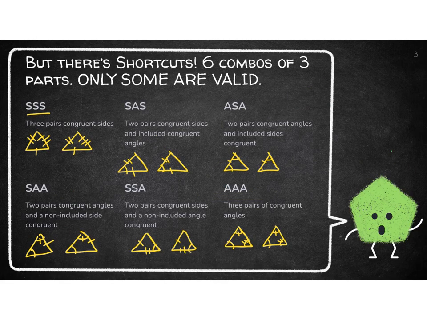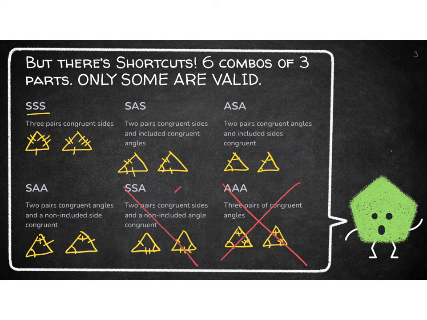Okay, now let's take a moment, scroll back up to this slide, and remember what we just talked about and look at which ones are valid and which ones are not. Let's make a note of it so that when you are working on your practice, you can easily come back to this slide to see which ones work and which ones don't. So let's recall that angle, angle, angle is not valid.